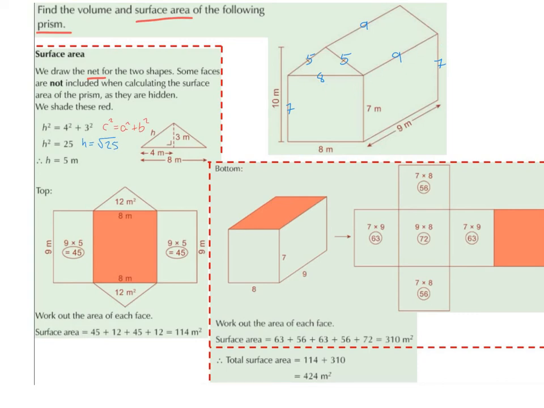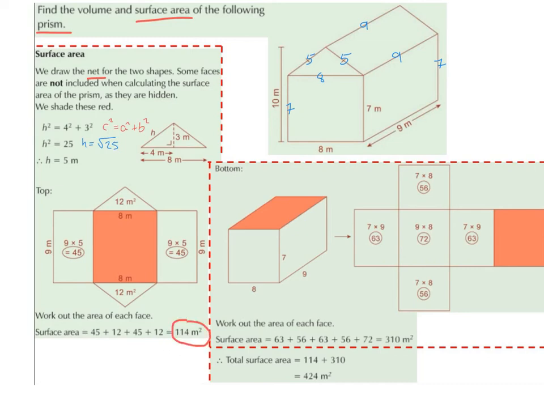So we have our 4 sections, and we just need to add them together. So we have 45 plus 12 plus 45 plus 12, and that gives us 114 meters squared. So that's the surface area of the triangular prism at the top, 114 meters squared.